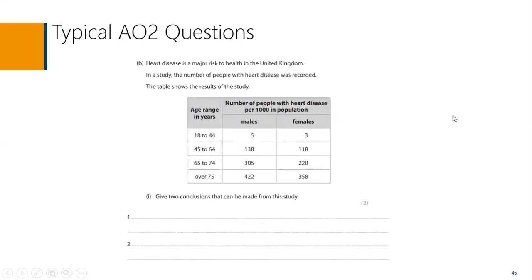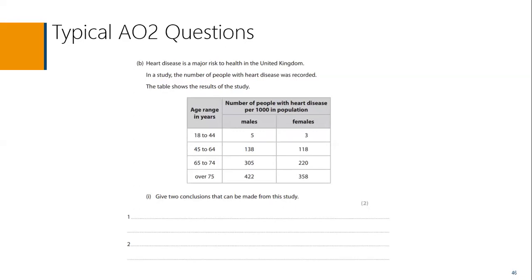Now, this is a typical AO2 question. You've got some data, the result of a study of people with heart disease, and then it asks you to make two conclusions from this study.